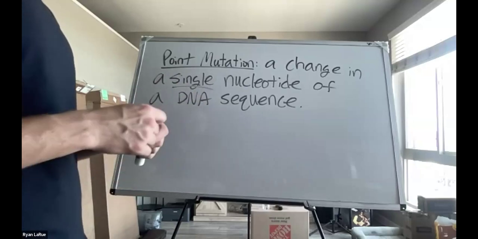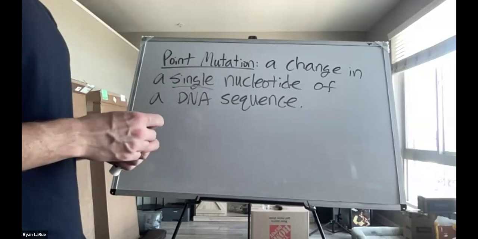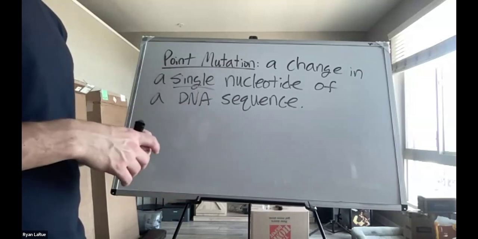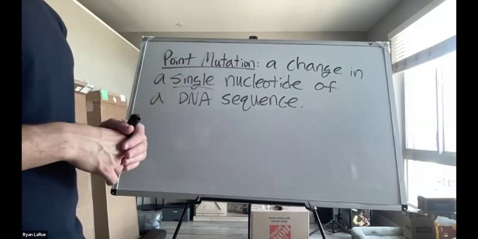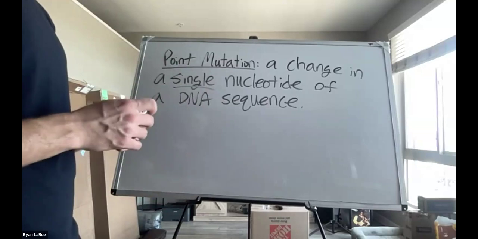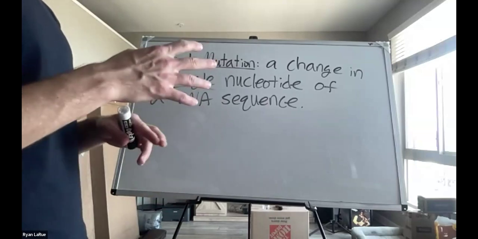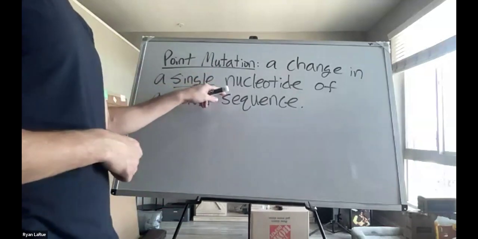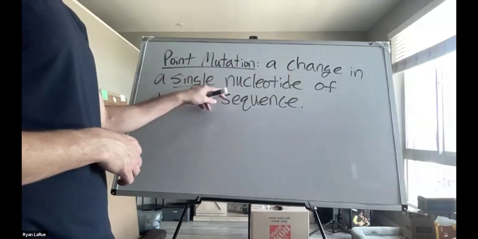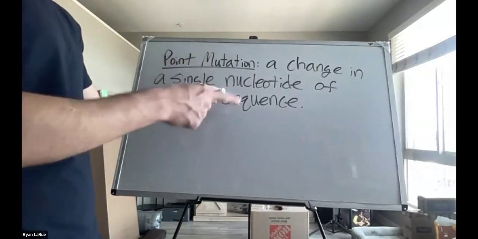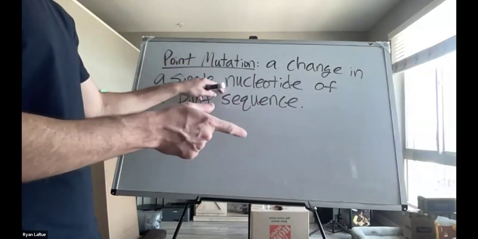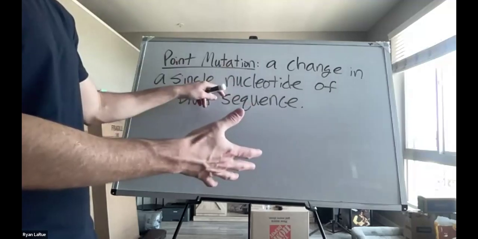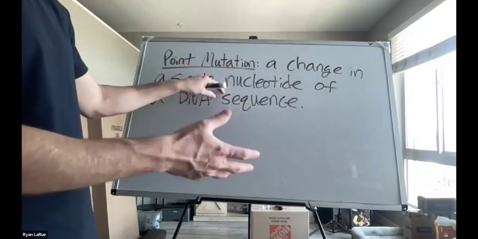And so really, the different types of point mutations all have to do with the result, meaning how that single nucleotide change is going to affect the final protein product. Meaning the sequence of amino acids, and really more specifically, the codon.